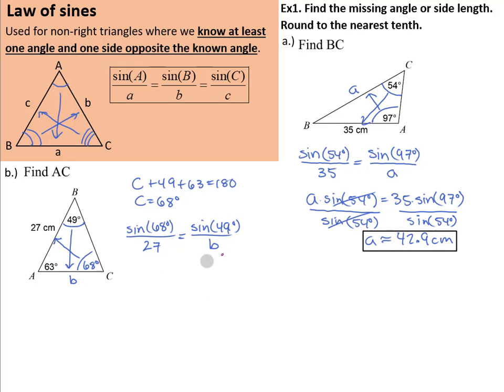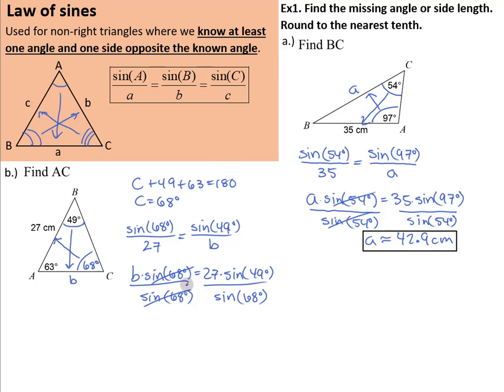But once again, we're going to need to cross multiply. So b times the sine of 68 degrees equals 27 times the sine of 49 degrees. And then to get b by itself, we'll divide away the sine of 68 degrees on each side. And so now we have an expression, or we can go to our calculator and find our value for b.